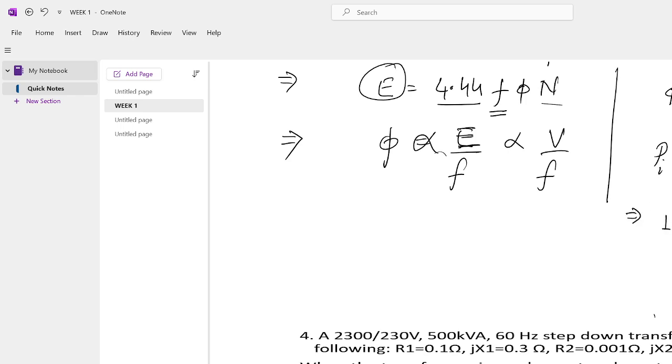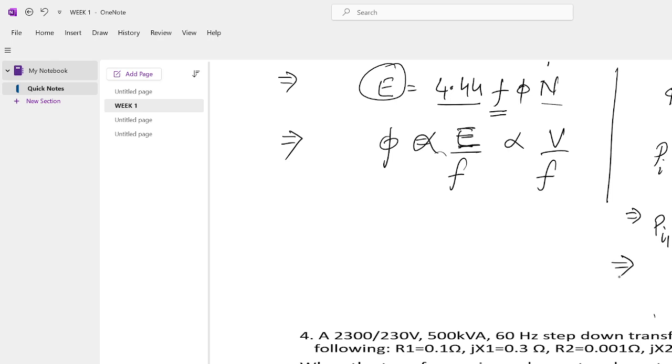So when the iron loss was 10 watt, we can write Pi into F square is constant.